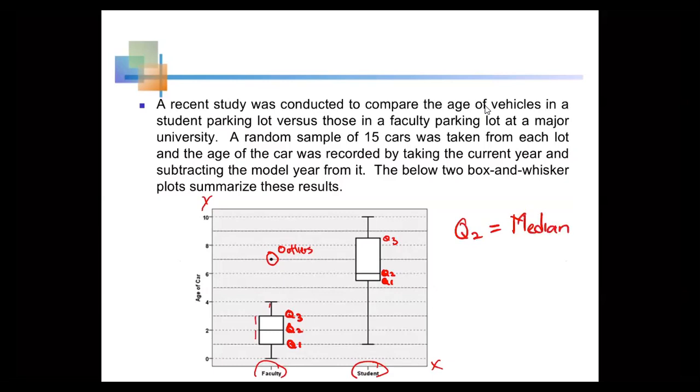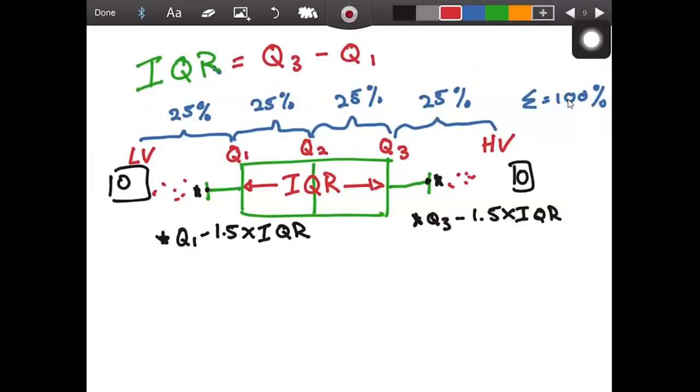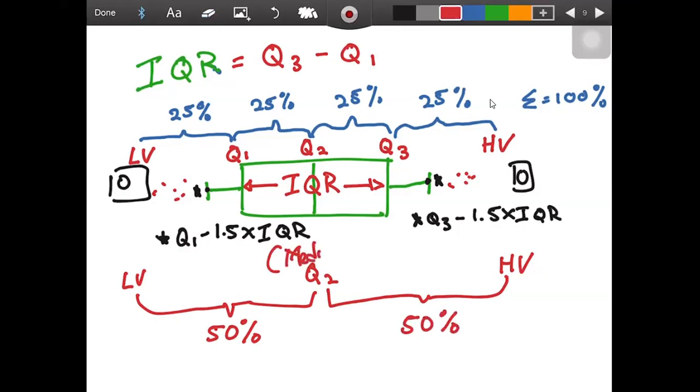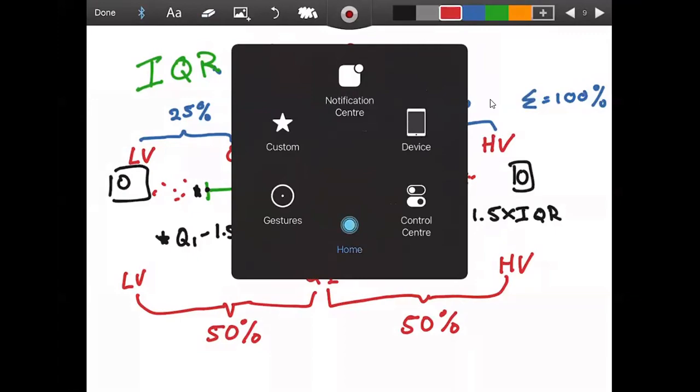Q2 to the lowest value is 50%, and Q2 to the highest value is another 50%. That's why this can be considered as the median. Okay, Q2 is the median.